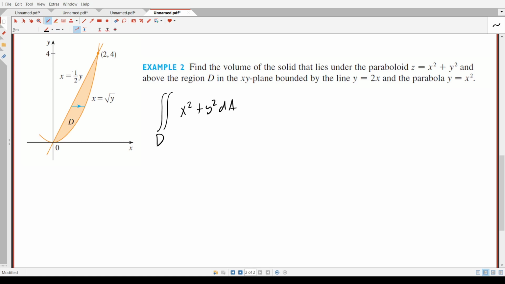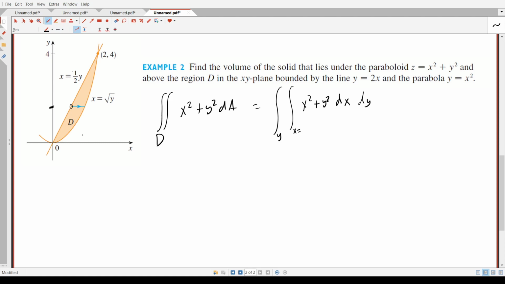So we're going to try to write this as the integral from x equals something to x equals something of this function, and then I want to integrate that with respect to y, dy. Here I fix a value of y, and then I look at the minimum value of x.